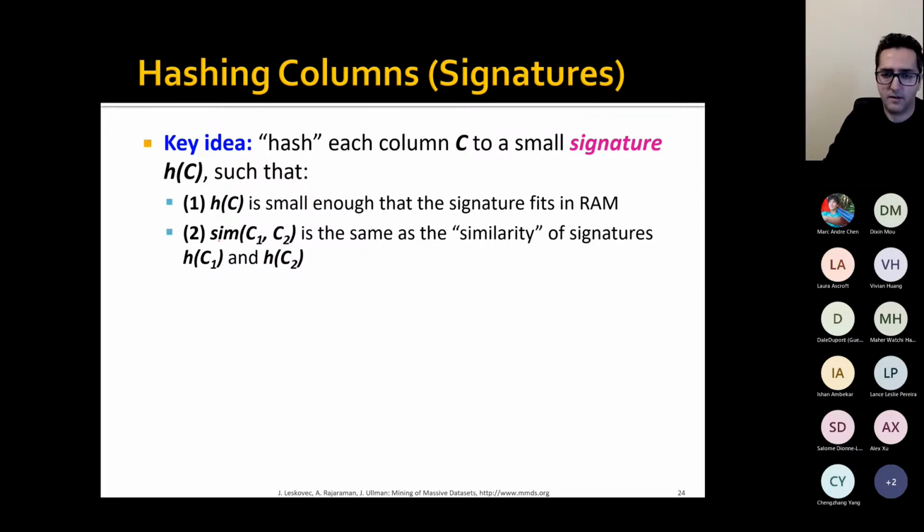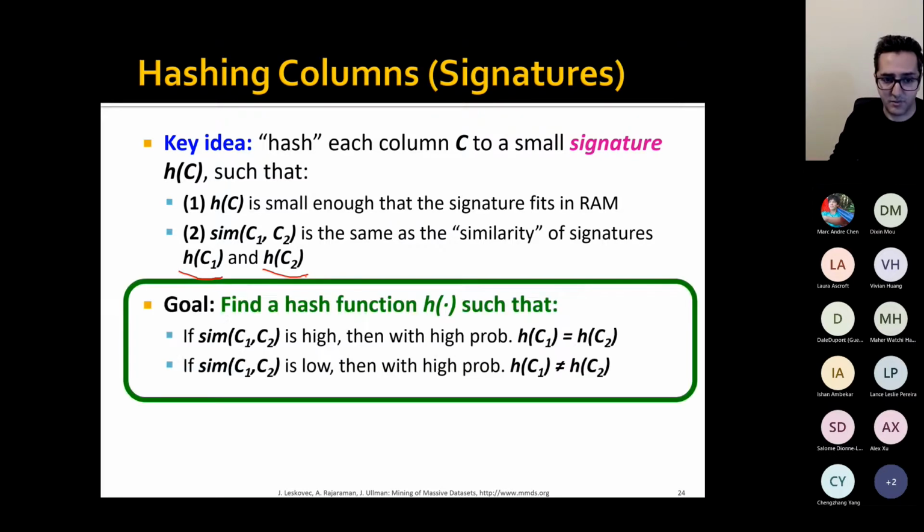And the important thing that we need is that the Jaccard similarity of two columns should be the same as the similarity of the signatures. So the similarity of C1 and C2 should be the same as the similarity of the hash of C1, the signature of that column, and the hash of the other column. So we need to preserve the similarity in this hashing procedure.